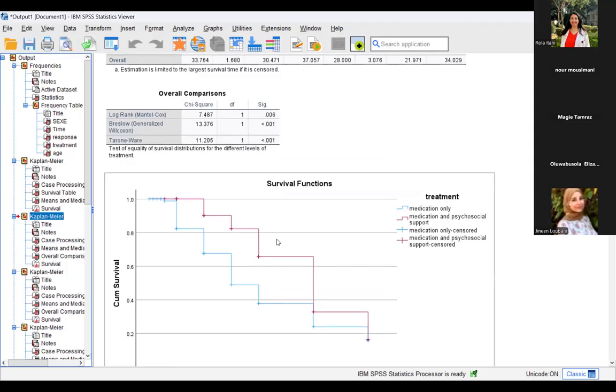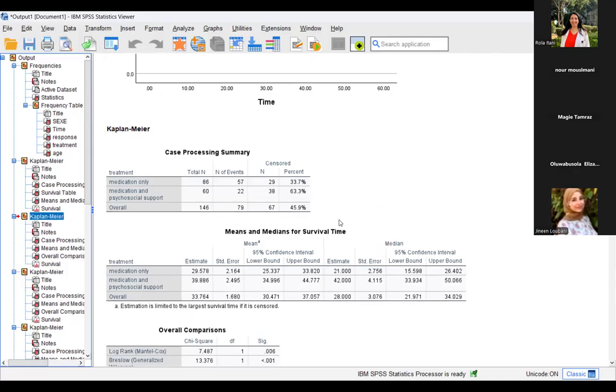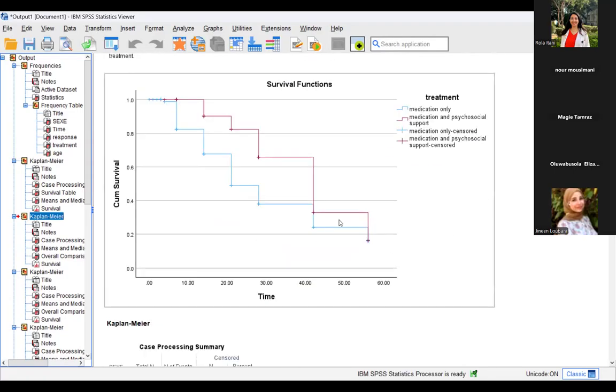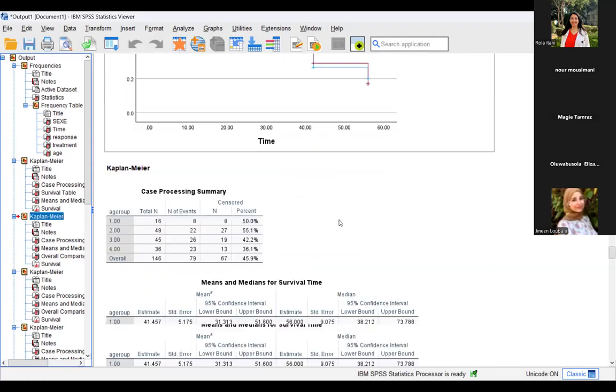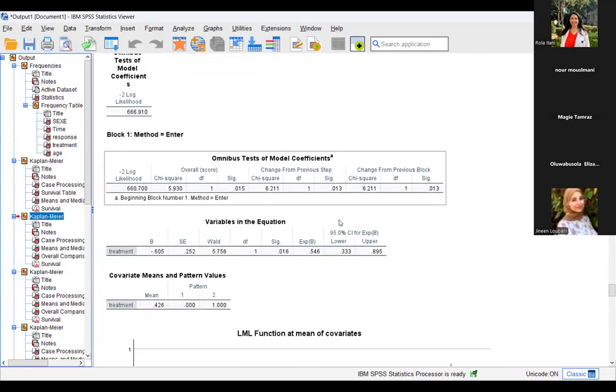We've seen that, and then treatment at the unadjusted level. When we compared the treatment factor with Kaplan-Meier, it showed that there are differences and it was statistically significant. But to look at the magnitude of the difference, we did Cox regression, unadjusted first. So unadjusted, having only the treatment actually was a significant model.